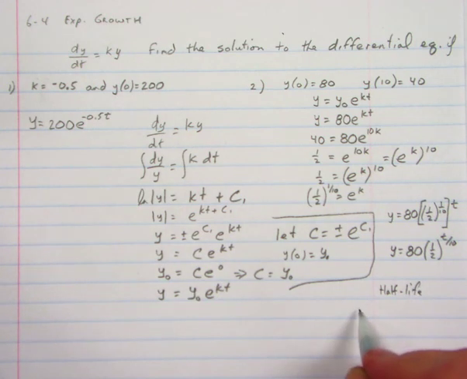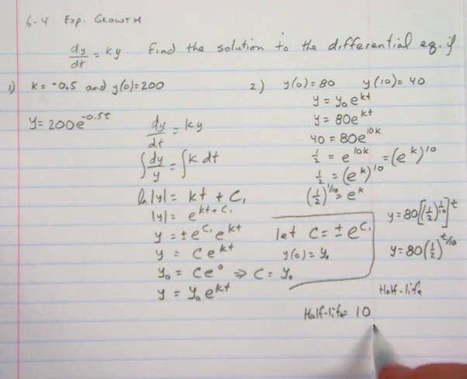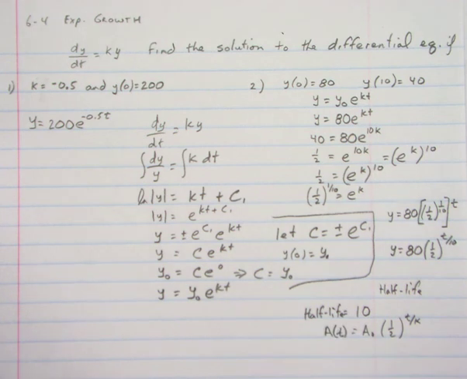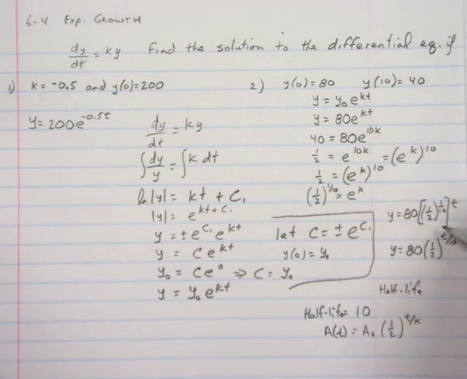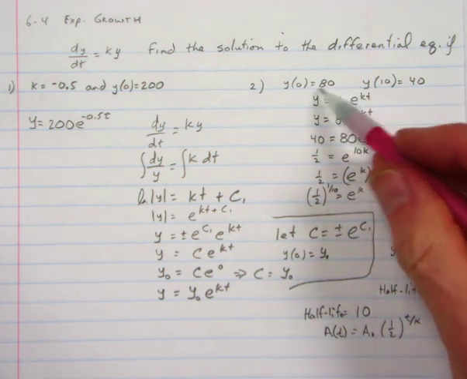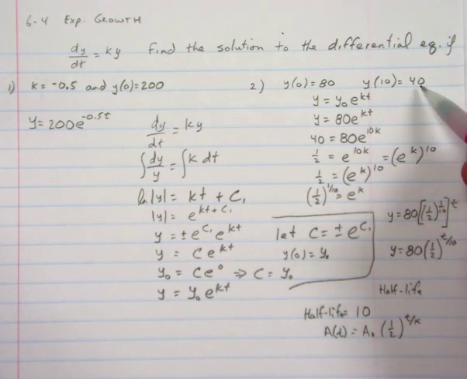This would say our half-life is 10, whatever units that is. Recall our half-life would be something like a sub 0 times 1/2 to the t over k, equal to something like a of t. Even though we approached it in a different way, we still got that same thing. If we look at our original, we have y of 0 equals 80, and in 10 time units it's half of that.